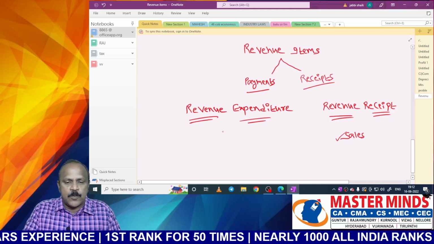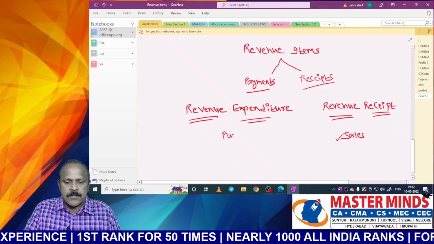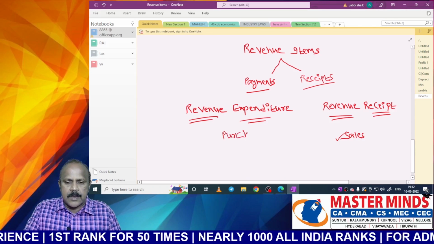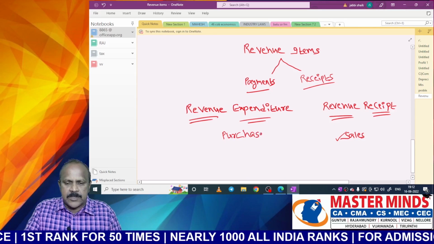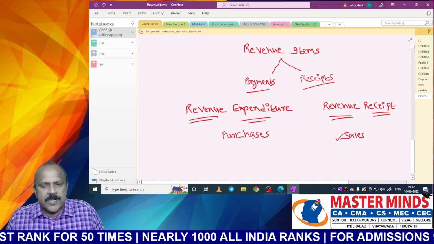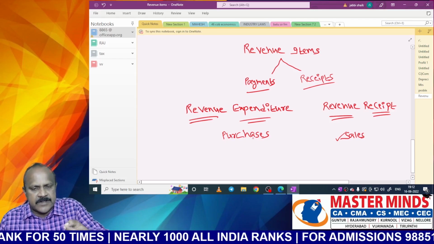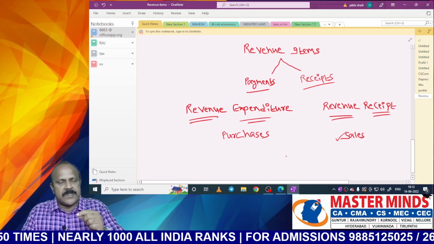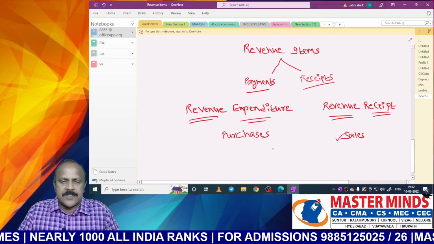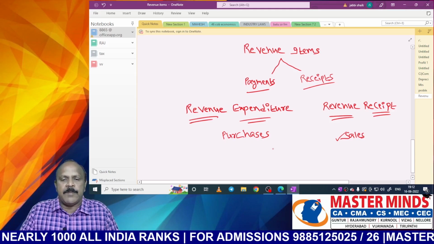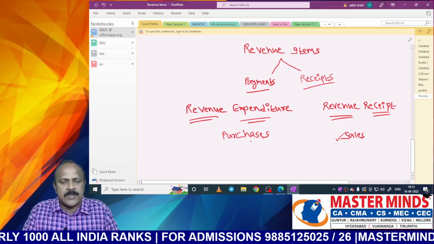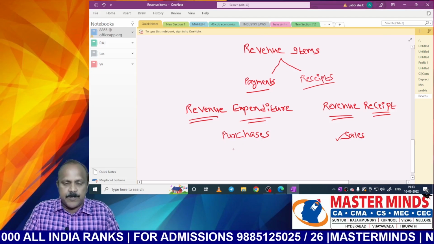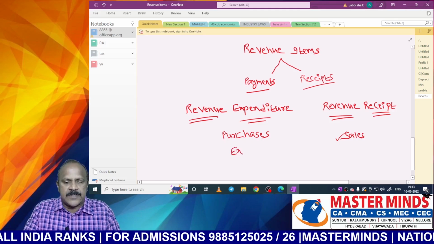And coming to purchases. Purchase of goods. Purchases, as we have discussed, is a revenue item. When we make purchases, we have to pay. So, purchases is of payment nature, so we call it revenue expenditure.